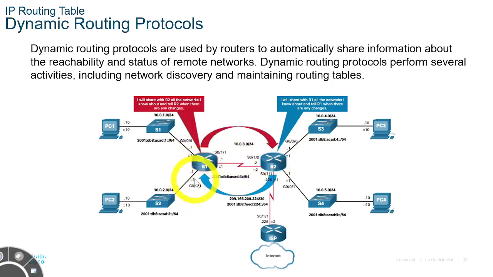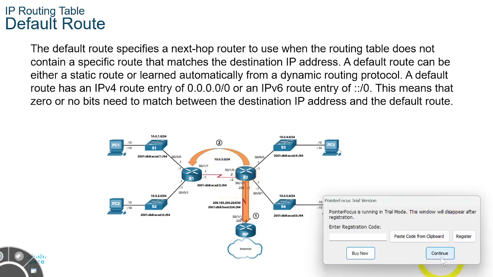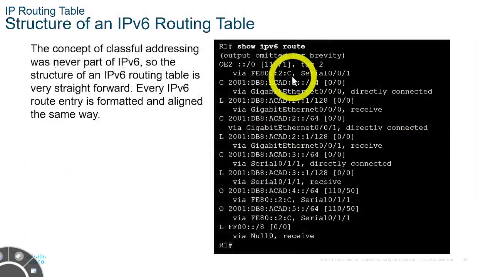We are at R1. It's not 10, it's 011, I guess. It's an error. Let's check. Okay. Interface serial 0/0/1. This is the default route here. Okay, this is via interface 0/0/0. This is the configuration of R1 using IP version 6.